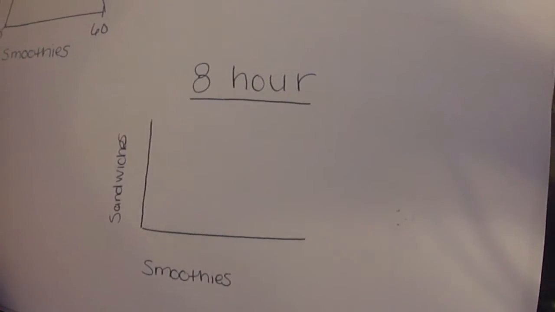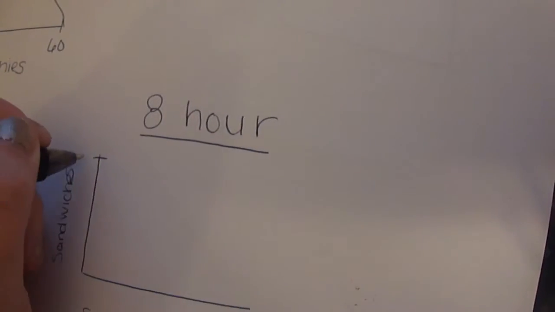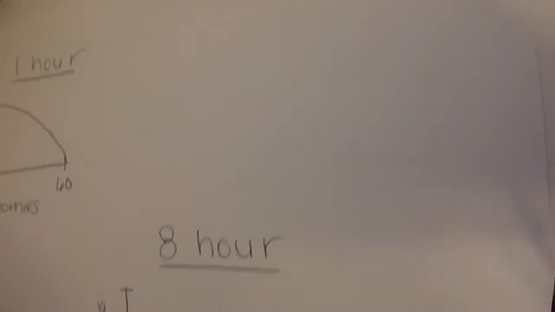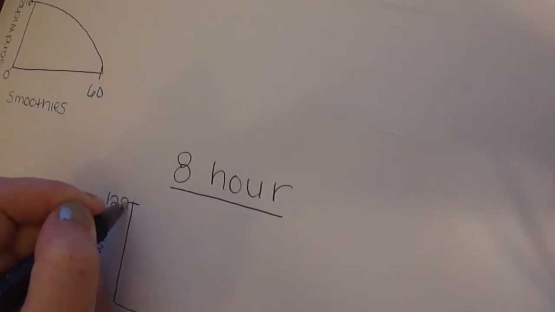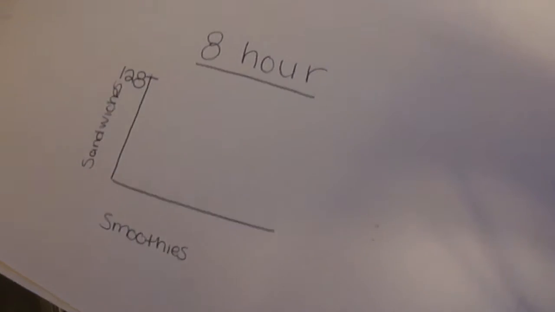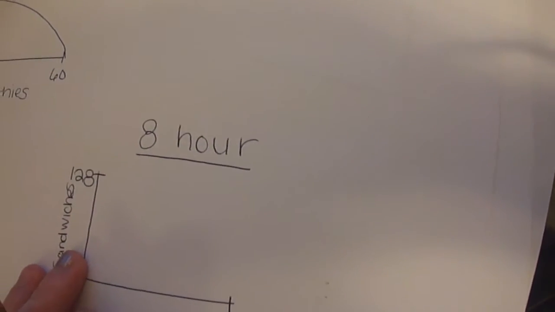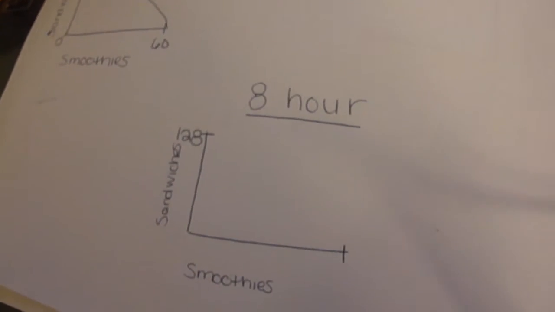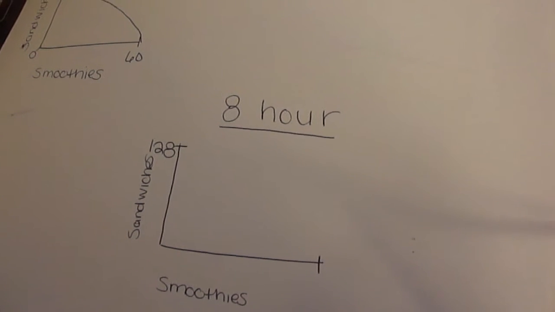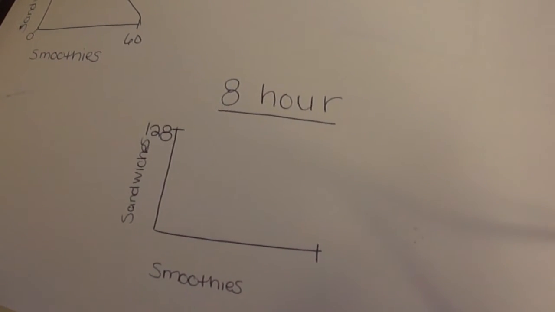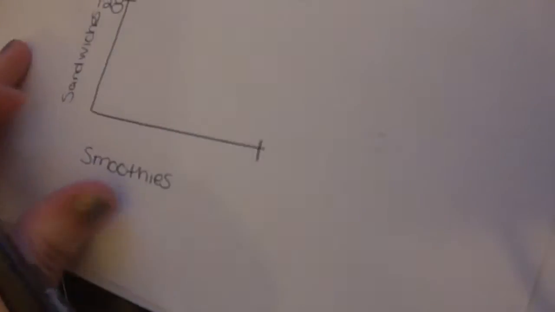And then within an 8 hour period, my sandwiches would go to 128, because they were still 16 in the 1 hour period. And with smoothies, it would be 480.